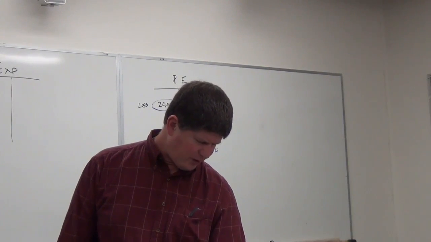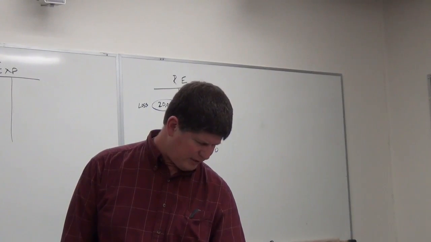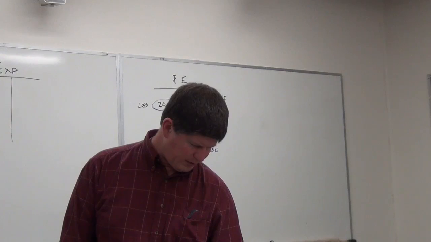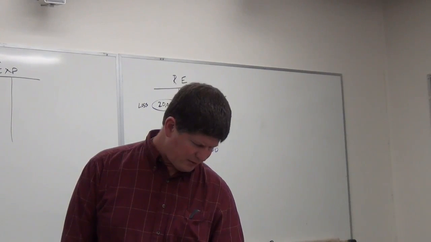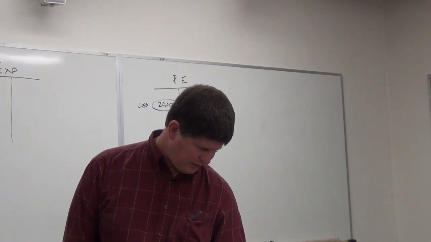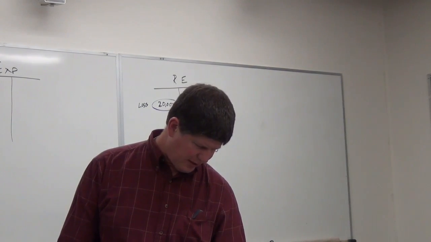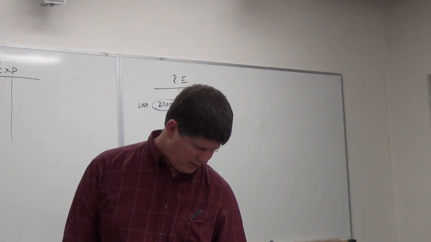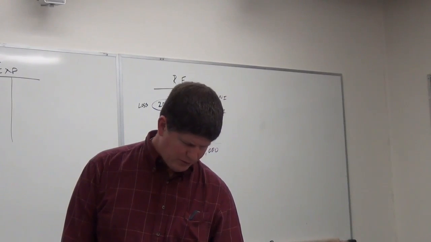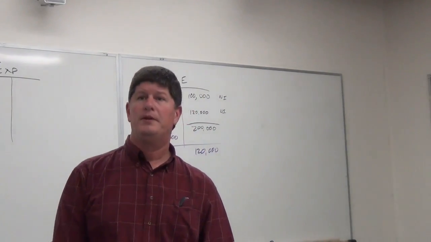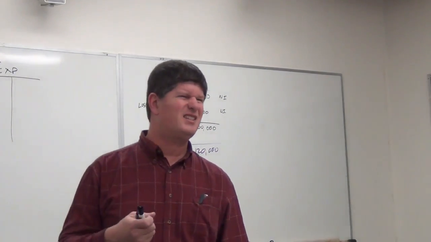The following are accounts from a recent balance sheet. For each account, indicate how it normally should be categorized on a classified balance sheet. Current asset, current liability, non-current assets, non-current liabilities, stockholders' equity. Okay? Also indicate whether the account normally has a debit or credit balance. Cool. Let's just do them, because it sounds like too much fun.